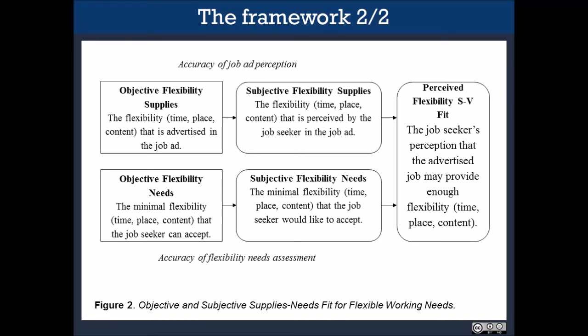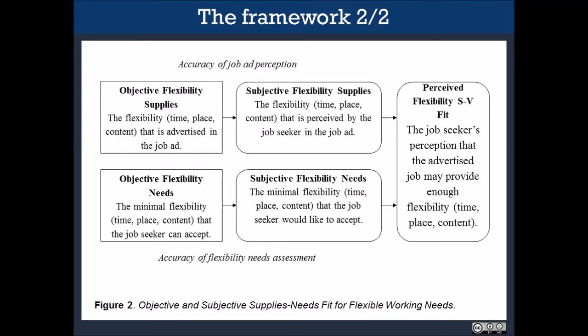Now, remember a problem for this algorithm. We cannot ask participants questions about subjective supplies because they haven't read the job ads yet. So they cannot answer questions about it. So we need to predict these subjective supplies in some ways. So for this, we use the objective flexibility supplies. So this is the flexibility that is actually advertised in the job.